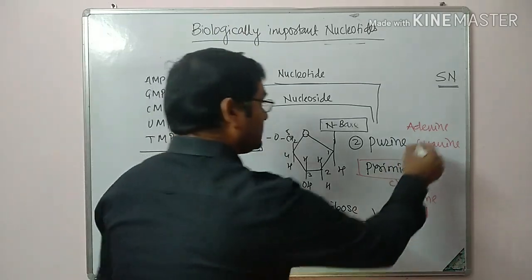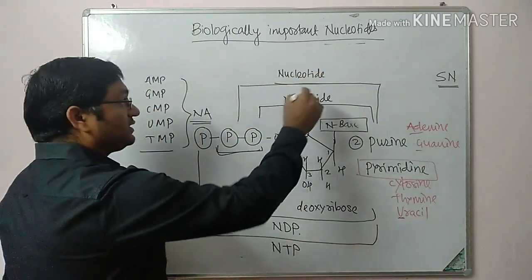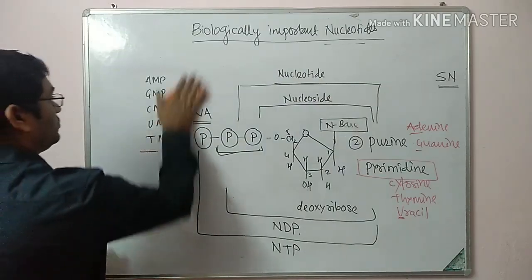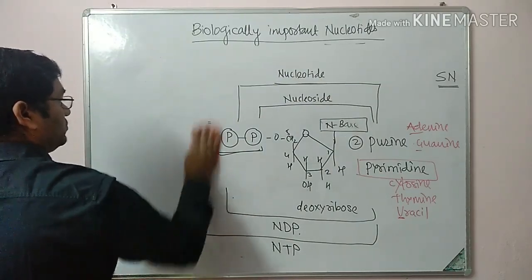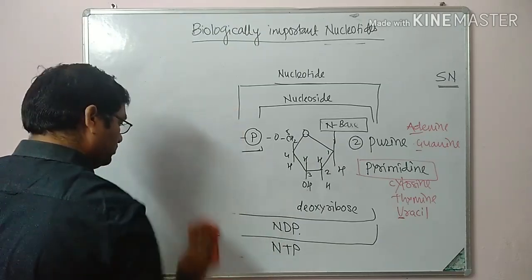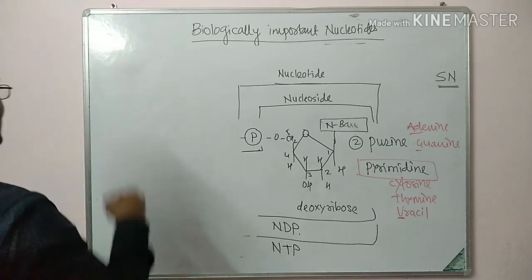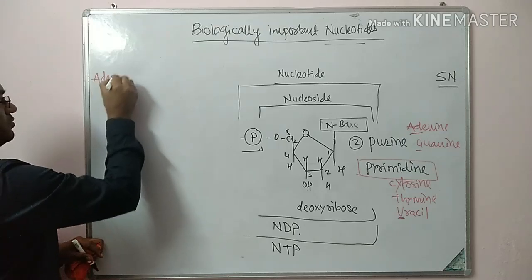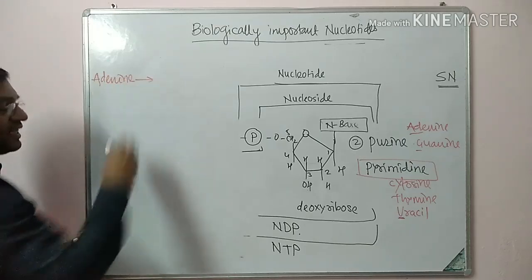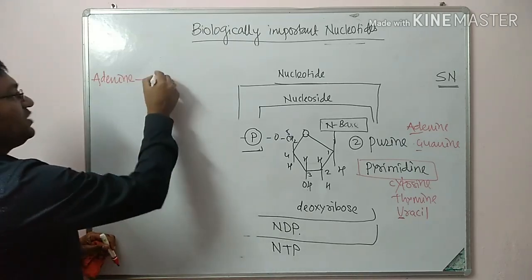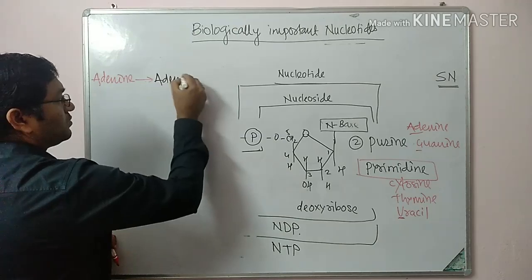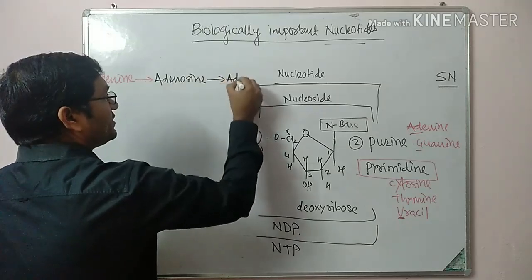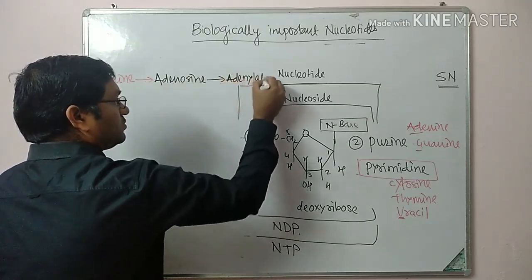Depending upon these bases, the nucleotides are named. When the nitrogen base is adenine, the nucleoside is known as adenosine and the nucleotide is known as adenylate.